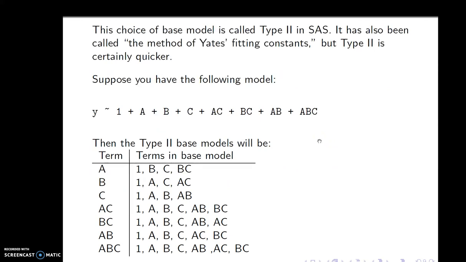So getting that base model is a little tricky. I think I'm going to stop here for now and talk a little bit more in the next set of notes about using different fitting constraints and then these different types of sums of squares that we're going to need to be able to think about.